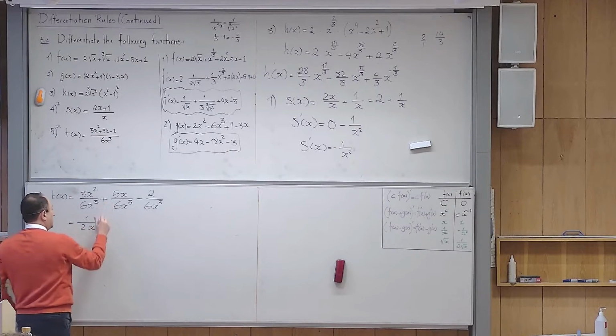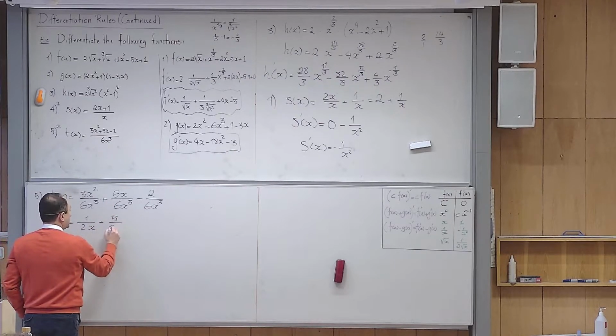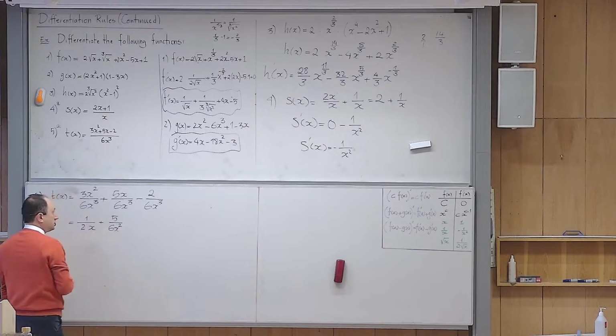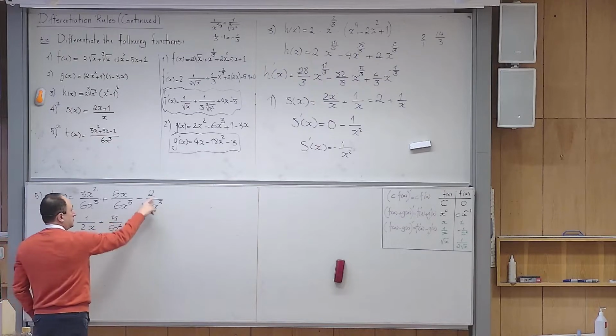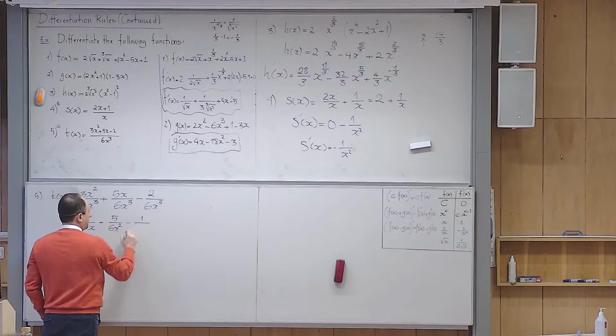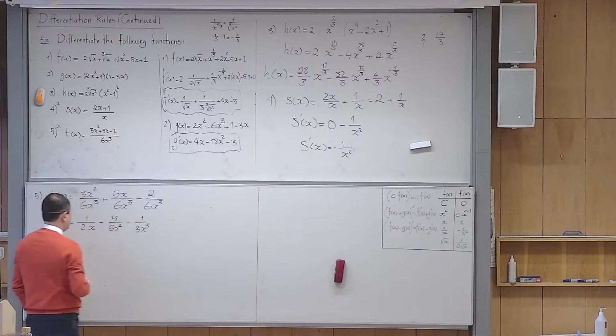But for example, here it becomes 5 over 6x squared, because x and x cubed are simplified, 2 of the x's are left here, 2 and 6 are simplified, it becomes 3 over x cubed.